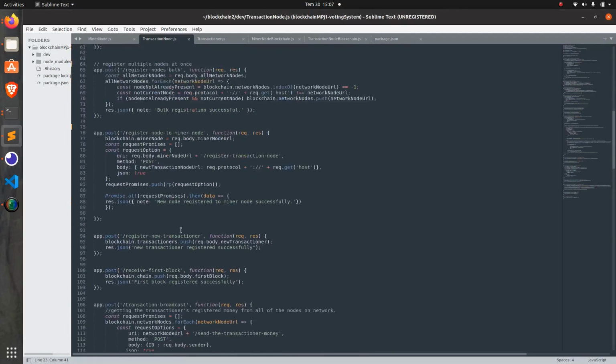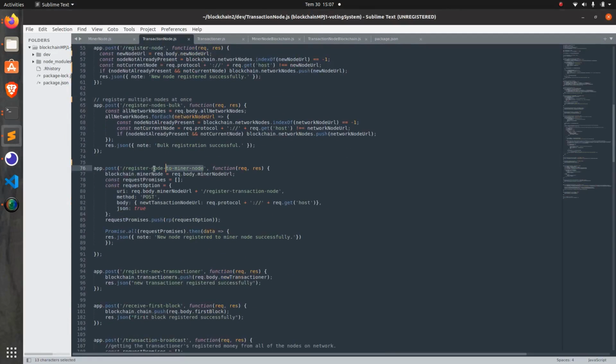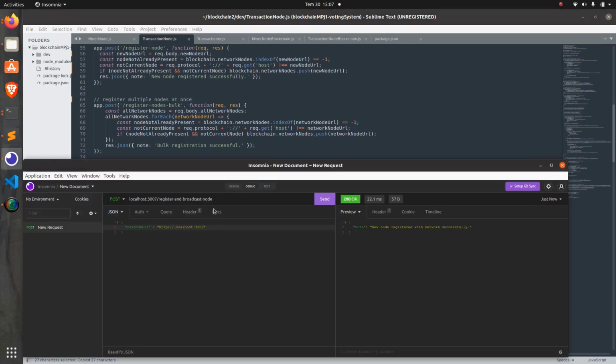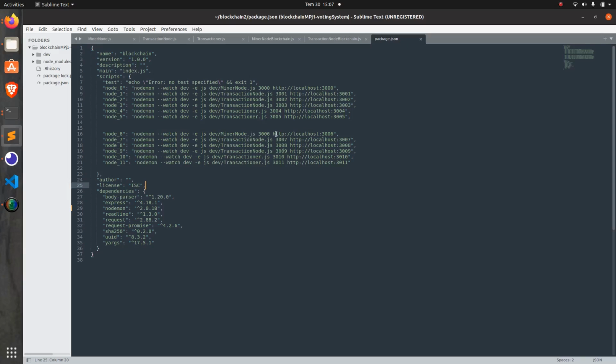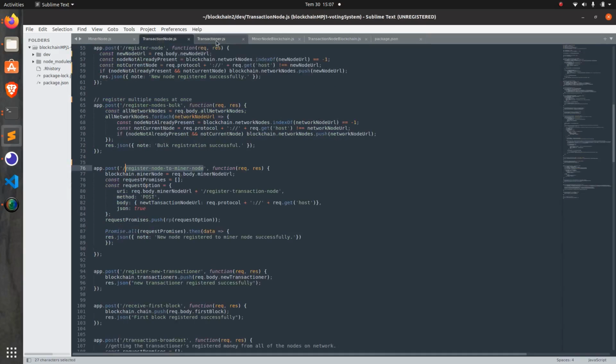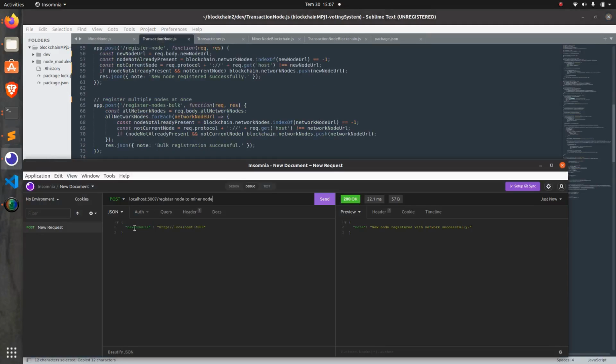And secondly, I am registering these transaction nodes to their miner nodes. Their miner node is at port 2006.